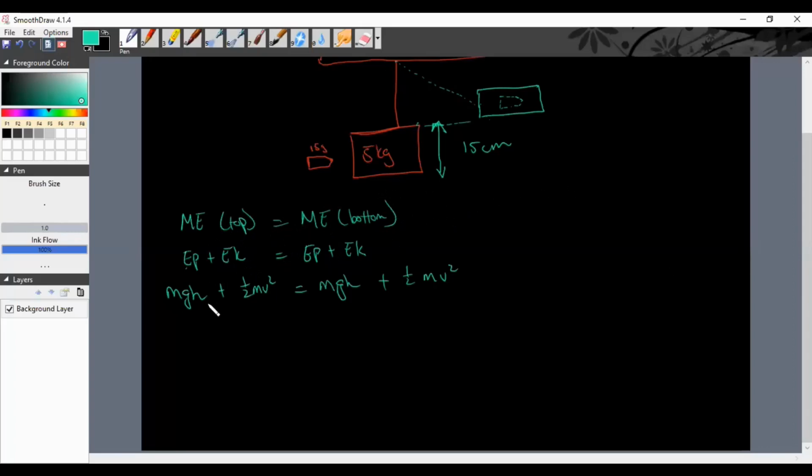The H here in MGH stands for height. As you can see, this is definitely going to be the top. Why? Because the block-bullet system swings to a height of 15 centimeters, above the equilibrium line.